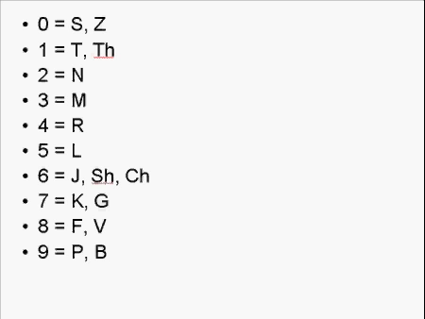What this does is turn each of the numbers from 0 to 9 into a different letter sound. So, as you can see on the list here, some of the numbers have more than one letter associated with them, but those letters are grouped according to how they sound.